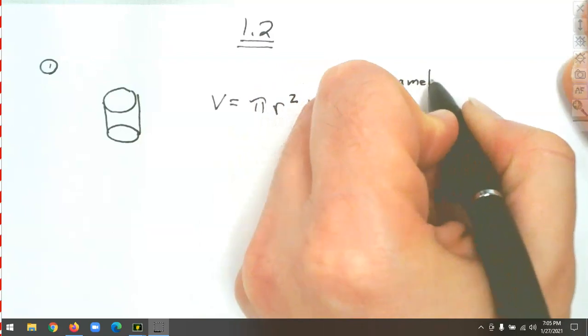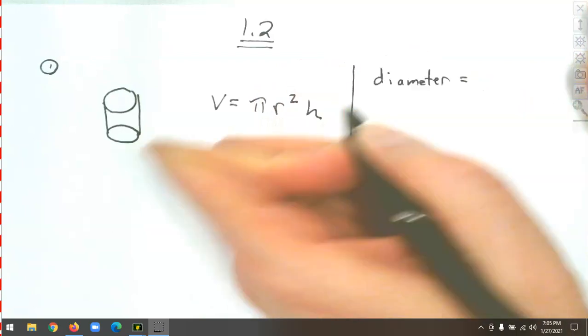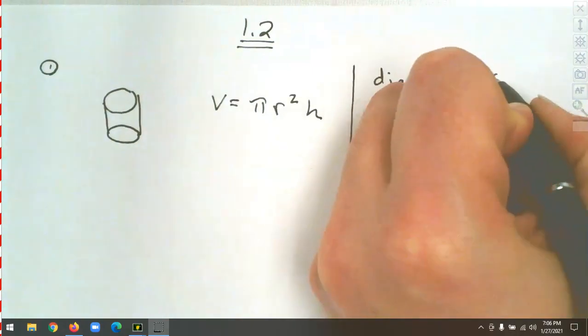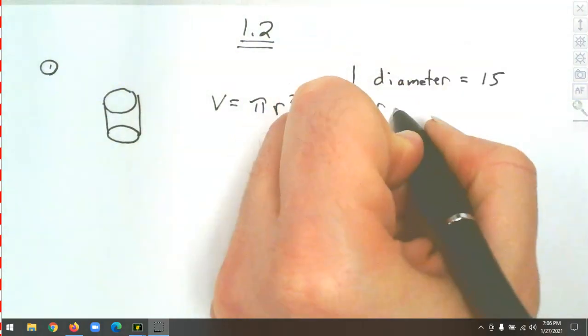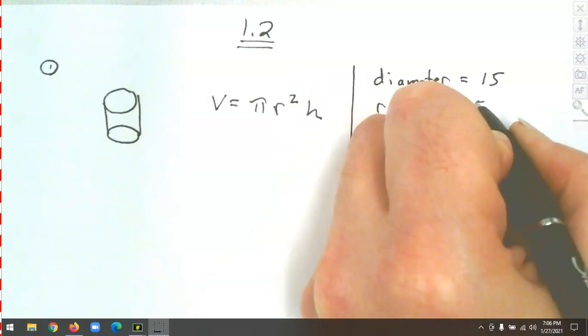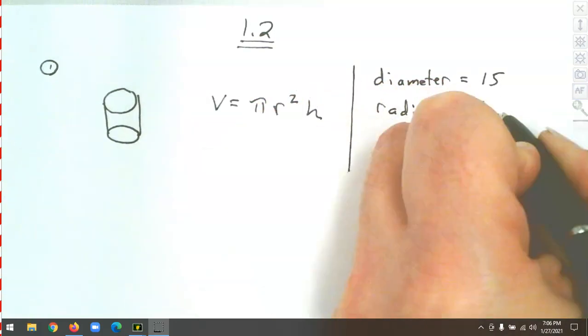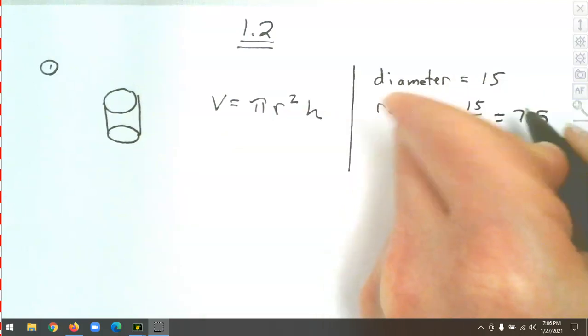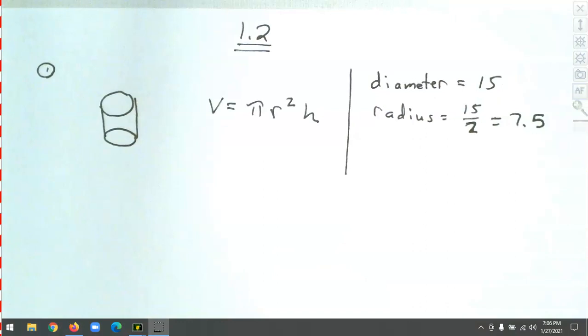Remember, the diameter is the distance across, and the diameter in this case is 15. So that means my radius, r, is 15 over 2, which is 7.5. And we can use decimals because it says round, so we can go ahead and turn these into decimals if you like.